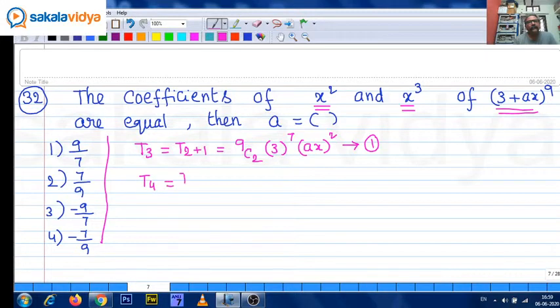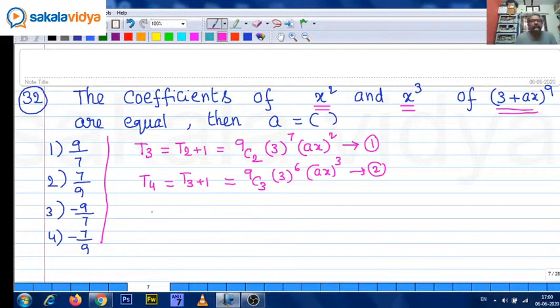T4 is equal to T(3+1). This we can write as 9C3 3^6 (ax)³. See carefully, this 9C2 3^7 a² is the x² coefficient. The x³ coefficient is 9C3 3^6 a³. So they are equal. Understood now?